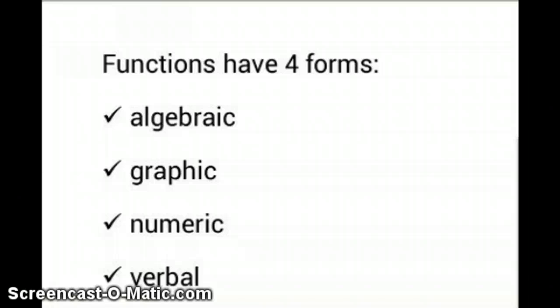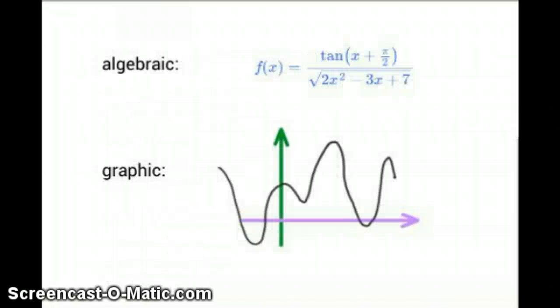Which one do you think is the easiest one? Before you answer my question, look at some of the examples, because you might be in trouble. For the algebraic form, I could give you a form like this one. What can you tell me about that? Nothing? Well, neither can I. The graphic one would be a chart like that.